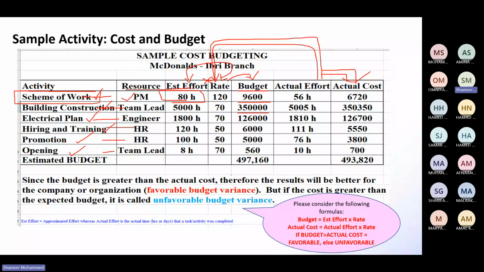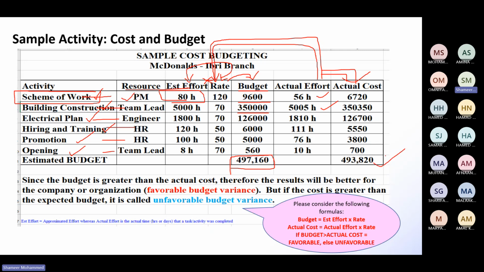So the total cost of the project, the total budget of the project, is this much. But for actual effort, instead of completing in 80 hours, you completed in 56 hours. This one, instead of completing in 5,000, you completed in 5,005 hours. Like that, if you multiply, then you have got this one.